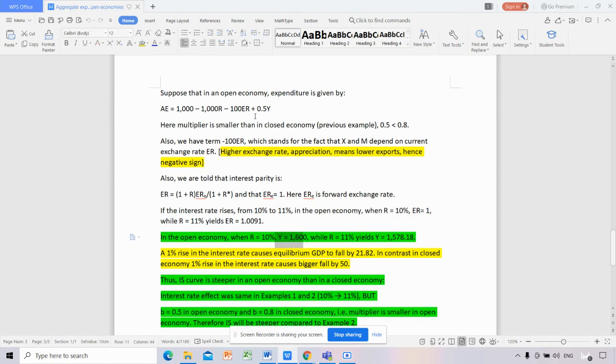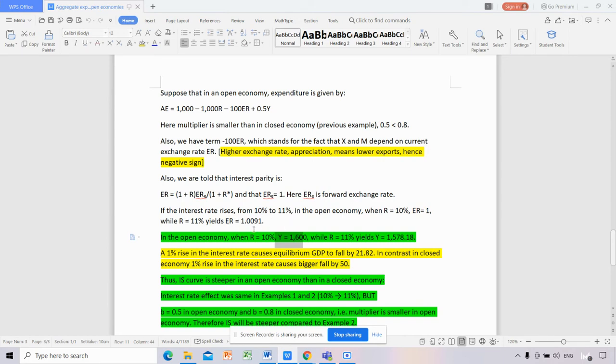But now the interest rate has increased to 11%, so here you will plug 0.11. And because the interest rate has increased, the exchange rate has changed as per uncovered interest parity. The higher interest rate, 11%, will change the exchange rate.